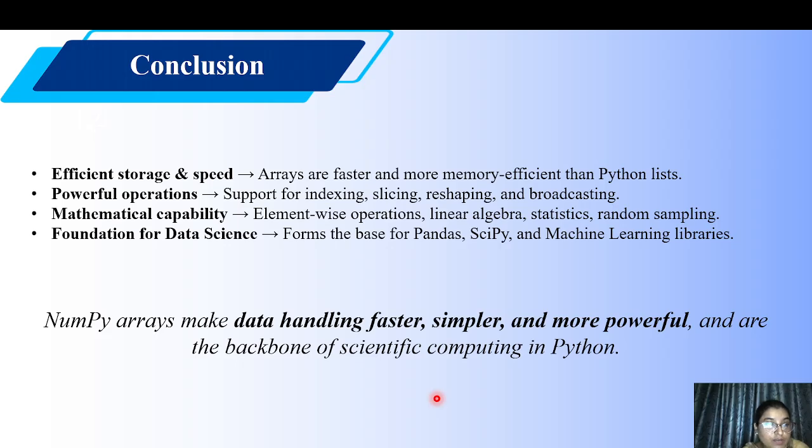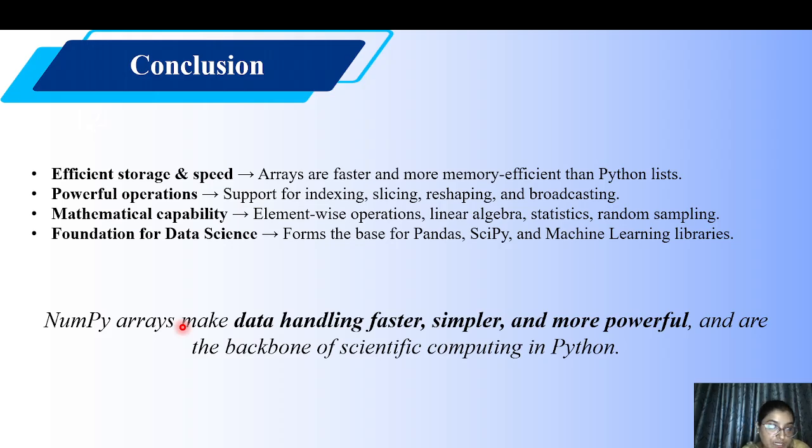And then we moved to NumPy arrays. It is like a super fast container for numbers, faster and more efficient than a normal Python list. Together, NumPy and Pandas form the foundation of data analytics in Python.